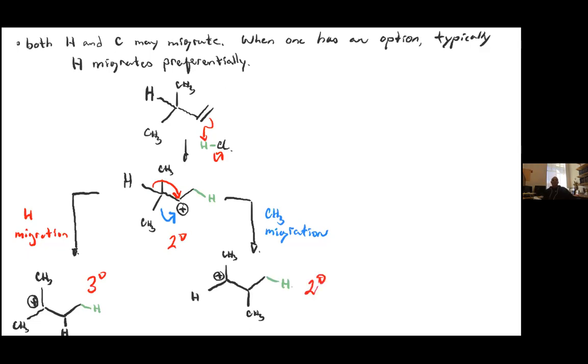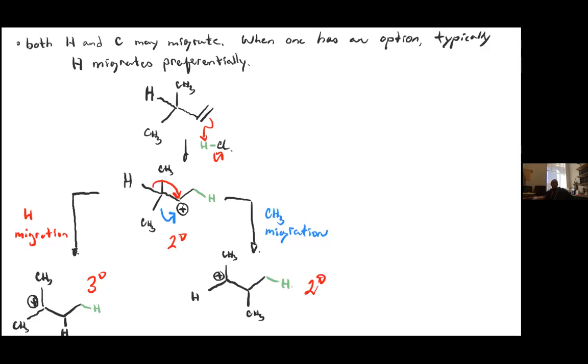And so can the methyl migration occur? Yeah, because I'm on this very high energy system. These two secondary cations are probably almost identical in energy. But there's a better option, which is to migrate the hydrogen, because then I go down to a tertiary cation and pick up 16 kcal per mole of stabilization.